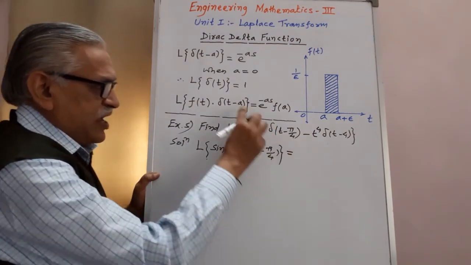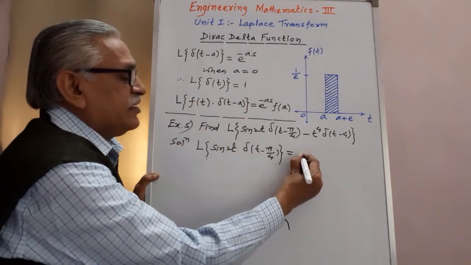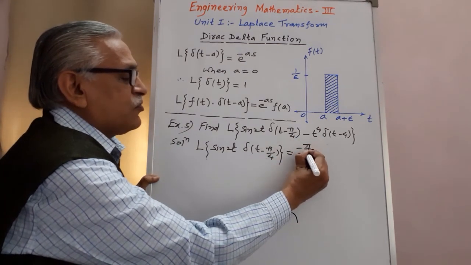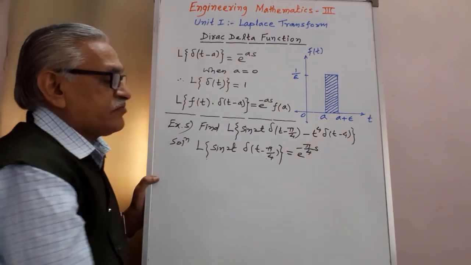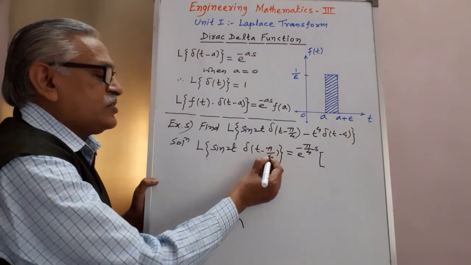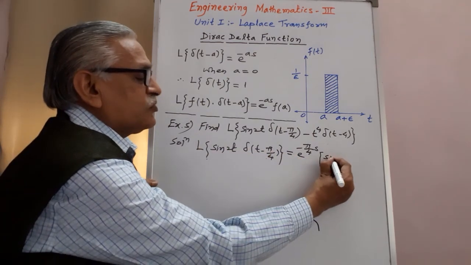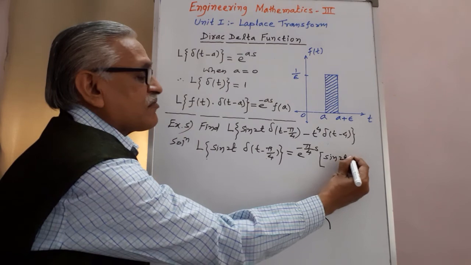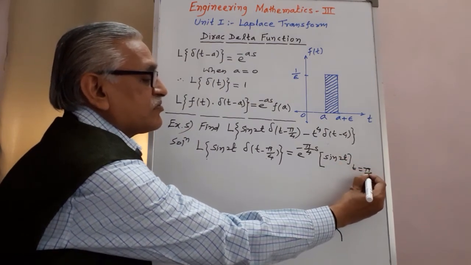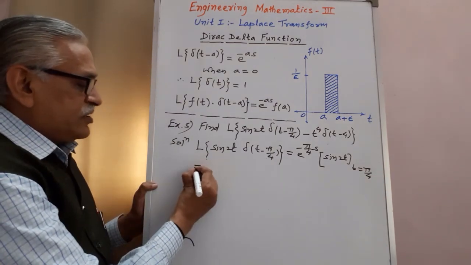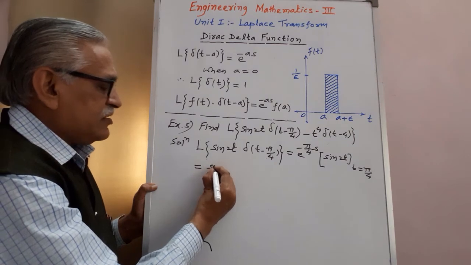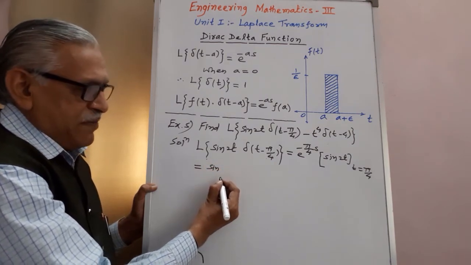and it is equal to, as per this result, e raised to minus as, a is here pi by 4, therefore e raised to minus pi by 4 s into the value of the function at t equals pi by 4. That function is here sine 2t at t equals pi by 4, and therefore if we put t as pi by 4, it becomes sine 2 times pi by 4.